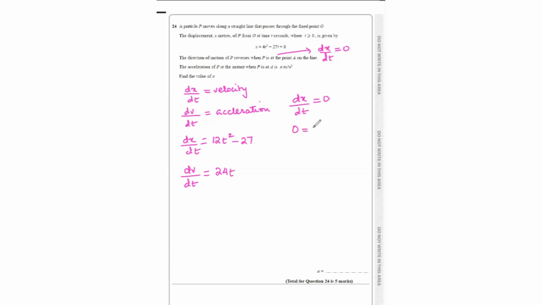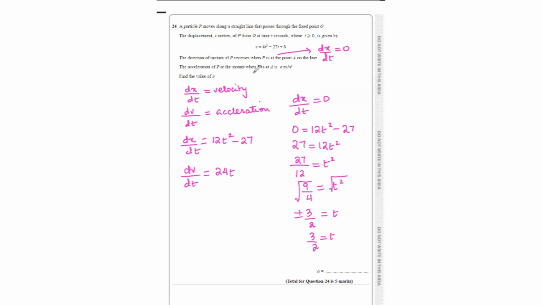So 0 equals 12t squared minus 27. 27 equals 12t squared. Divide 27 by 12. That gives us 9 over 4. Then we square root both sides to find the value of t, and that's going to give us plus minus 3 over 2, but we're going to accept the positive value because time cannot be negative.